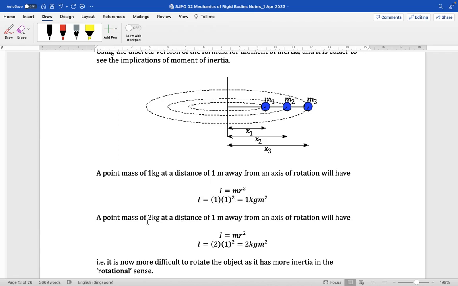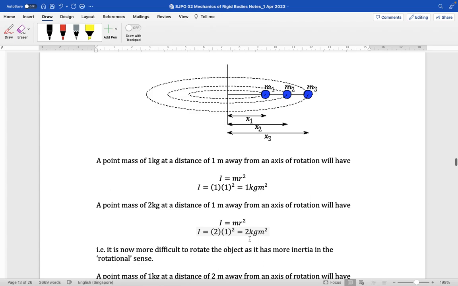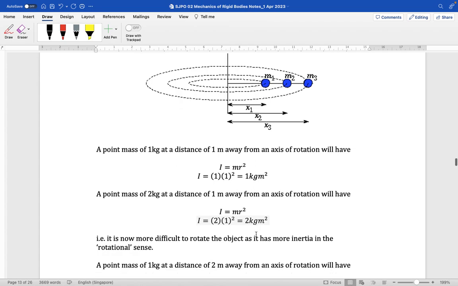If your mass increases but your radius remains the same, your moment of inertia will also increase, which relates to your direct experience, because a bigger object is more difficult to rotate.